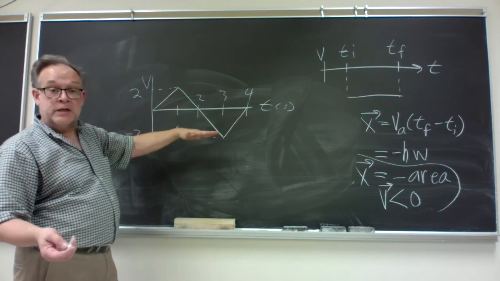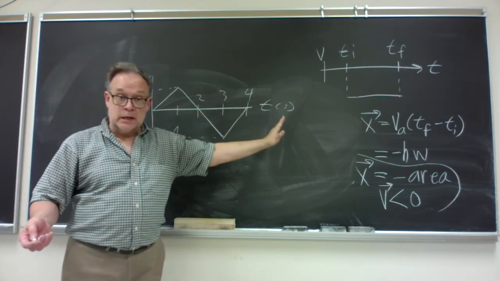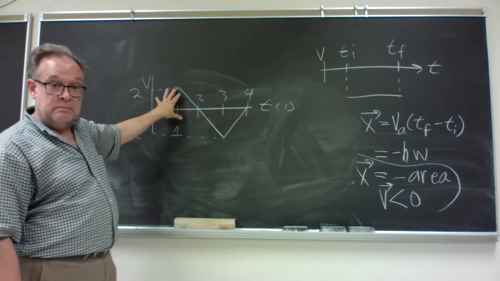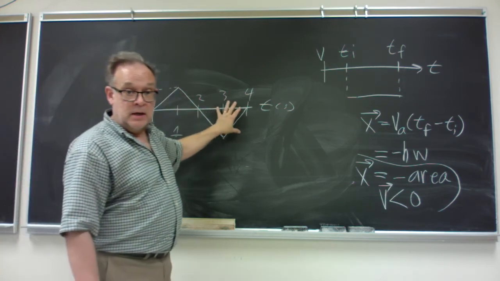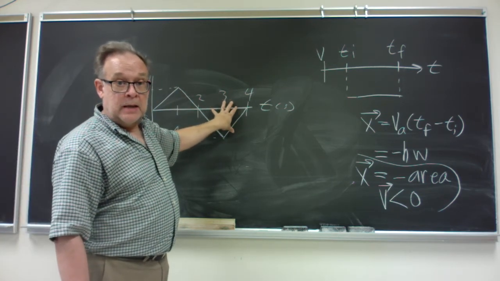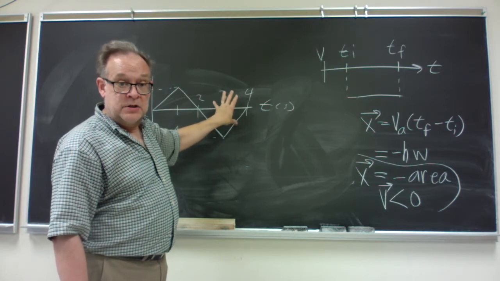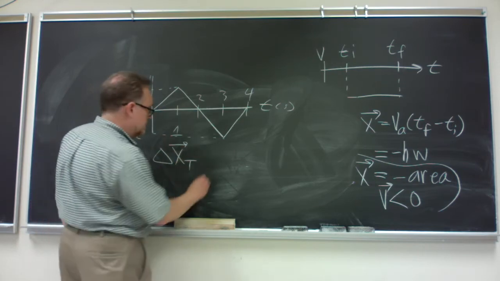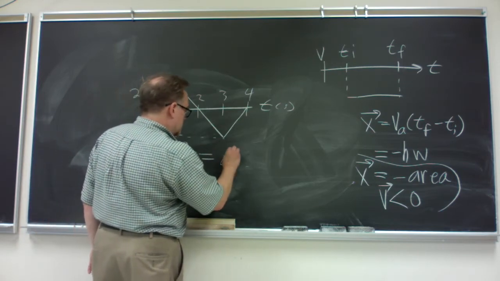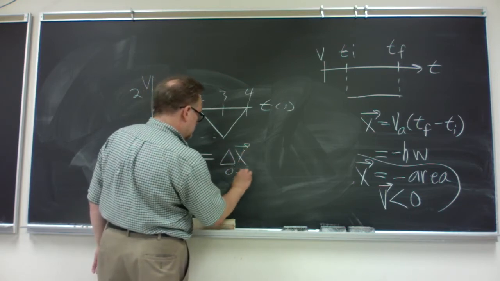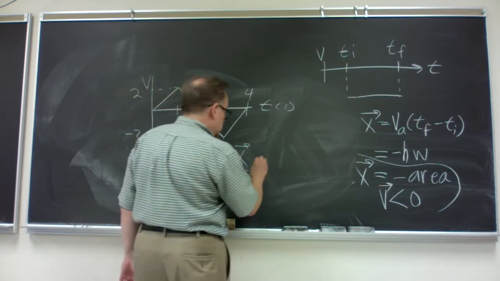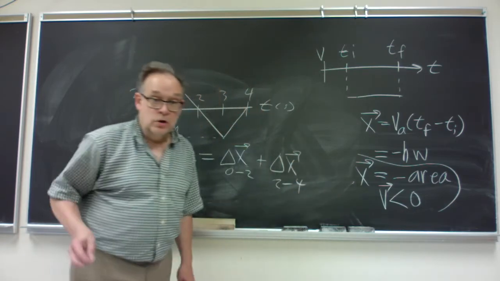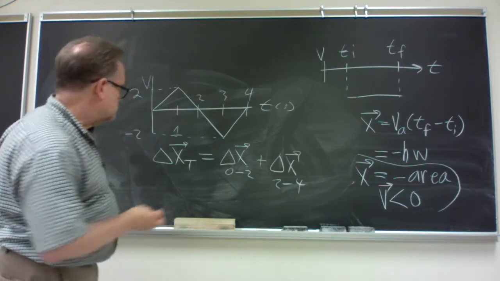The total displacement here between 0 and 4 seconds is just the displacement that corresponds to this area, and then add the displacement that corresponds to this area. So total displacement is just the displacement that happens from 0 to 2 seconds plus the displacement that happens from 2 to 4 seconds. Okay.